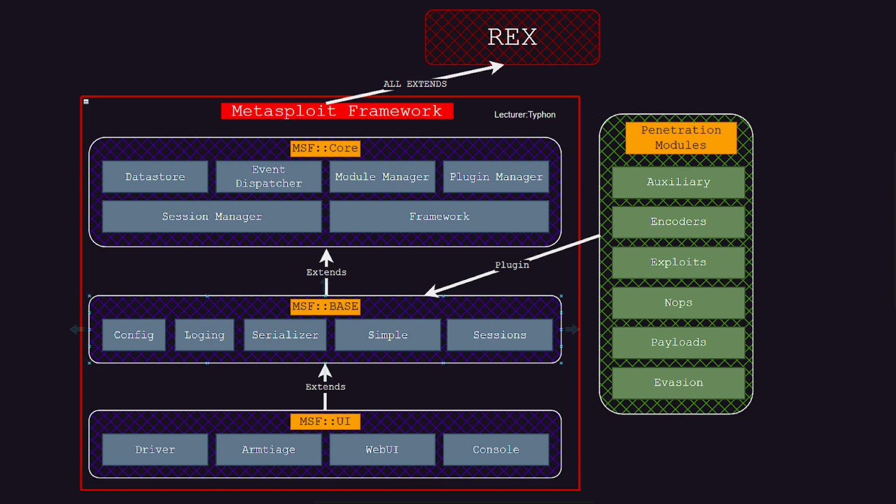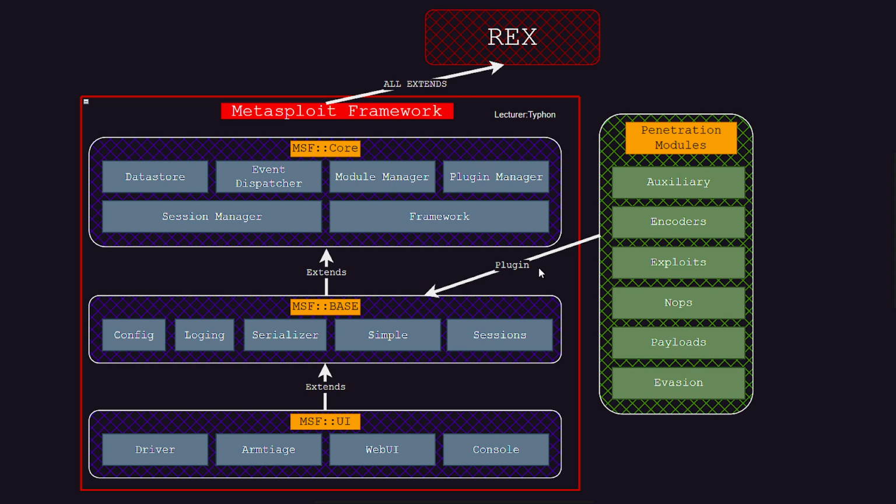Metasploit is a powerful tool used in the world of cybersecurity, and it's composed of several essential components that work together seamlessly to empower security professionals. Now let's explore these components in a straightforward manner with the help of these diagrams, and break them down to see how they function within Metasploit.